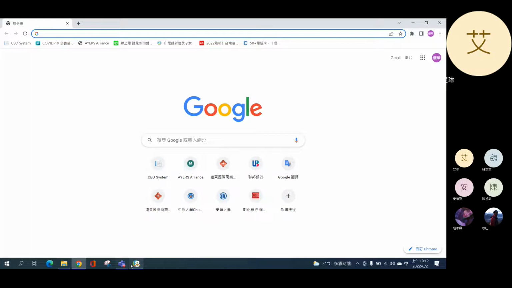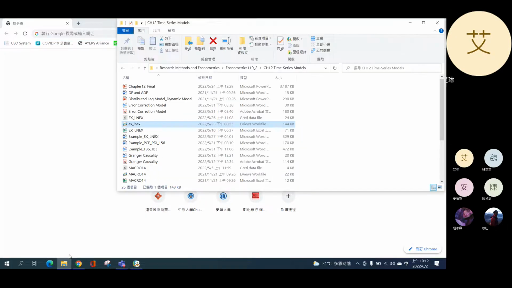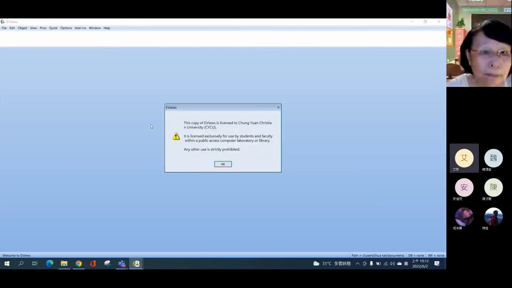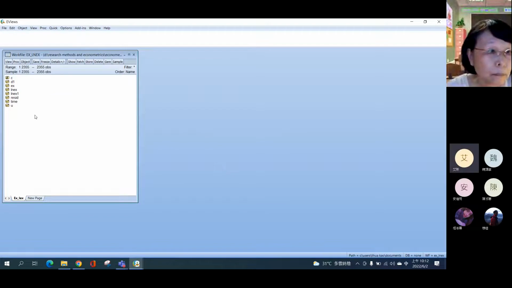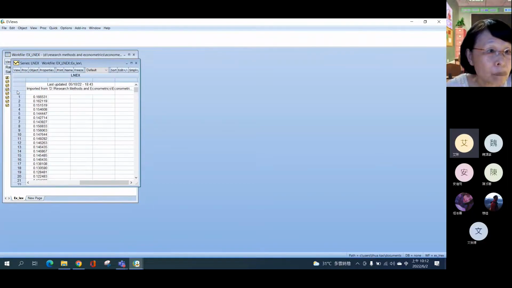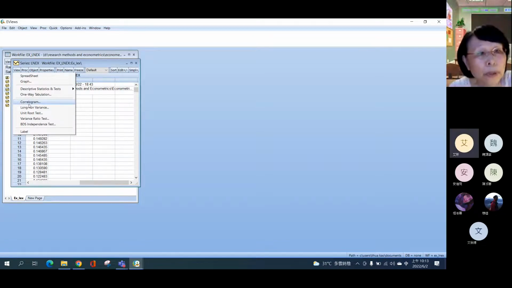Okay, which one? So did I do this example? Yes. All right, this is the example I showed you last time, right? So it's this one, LNEX. If I want to do the correlogram of LNEX, then I will work with this function.